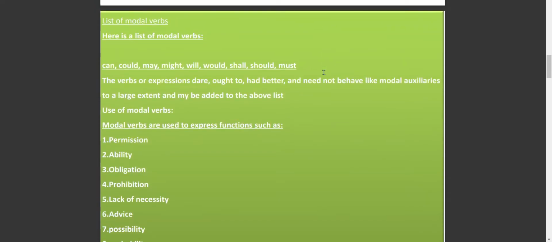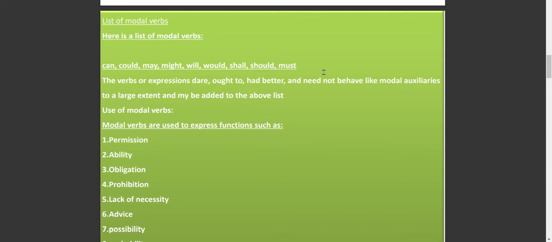A list of modal verbs. We said modal verbs. Here is a list of modal verbs: can, could, may, might, will, would, shall, should, must. The verbs ought to, had better, and need not behave like modal auxiliaries to a large extent and may be added to the above list.